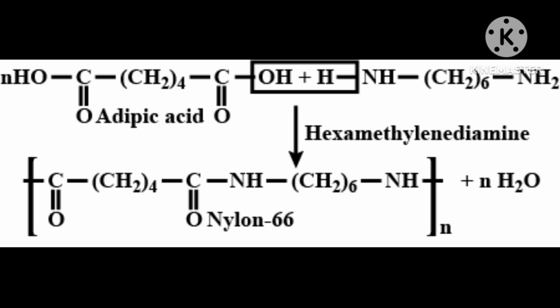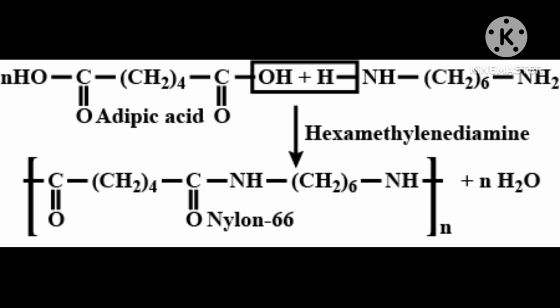Now, about PVC, I already told you, but again I am telling you, how will you represent PVC? Polystyrene is the styrene repetition. But polyvinyl means CH2CH, with Cl attached to this CH. This is the repeating unit, CH2CHCl.